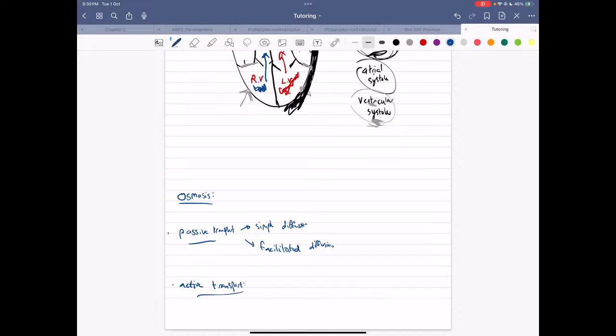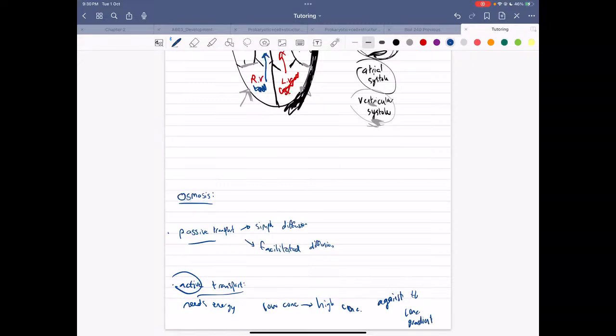From the word active transport, active needs energy. It needs energy because we're going from a low concentration to a high concentration. We call this going against the concentration gradient.